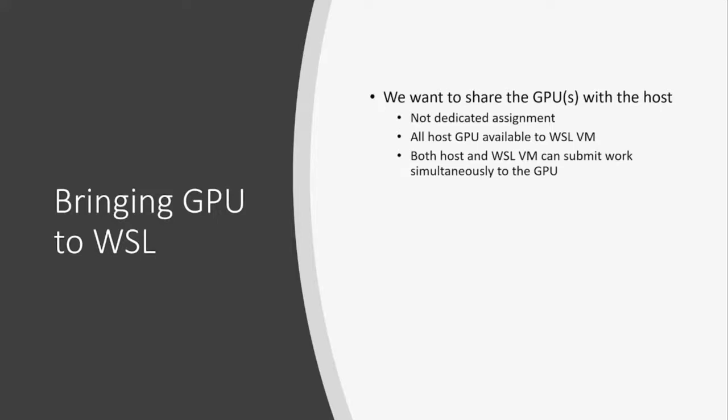And we want to make all of the GPU that the host has available to the Linux side of things. And we want to enable both processes in Linux and processes in Windows to simultaneously be able to submit work to the same GPU and let our GPU scheduler and our GPU memory manager allow both of them to use the GPU.